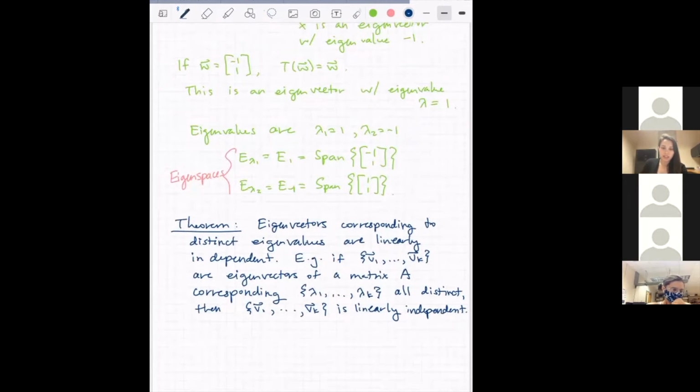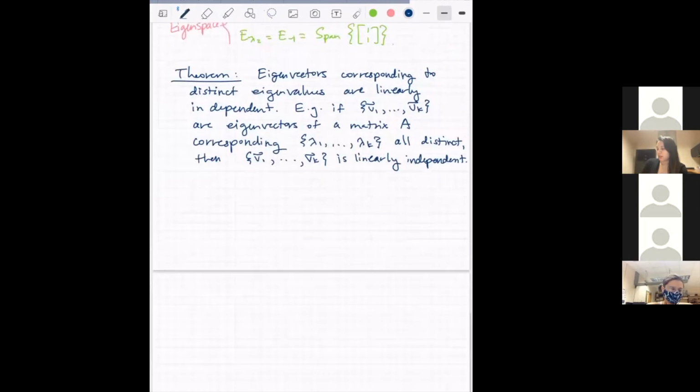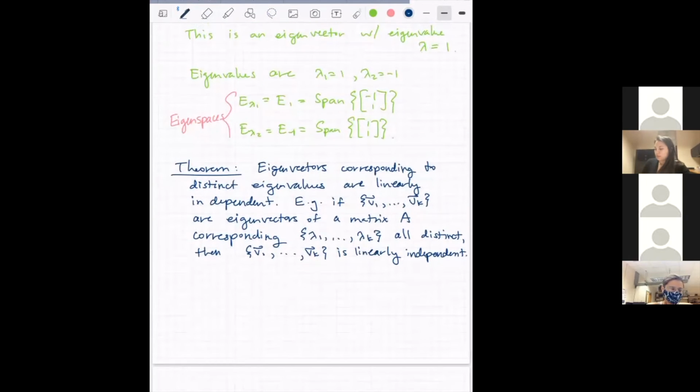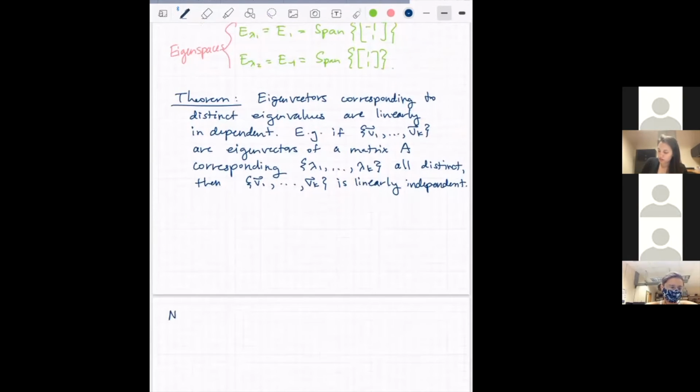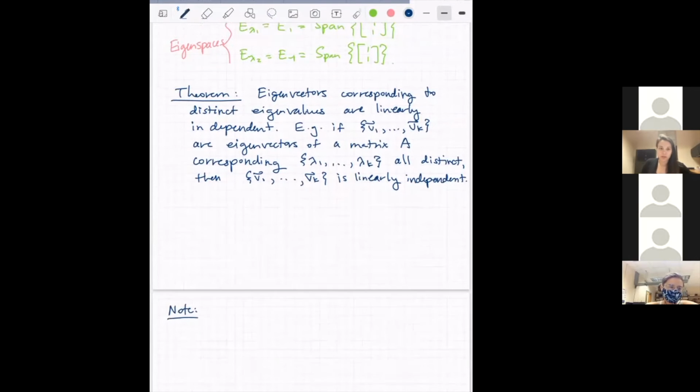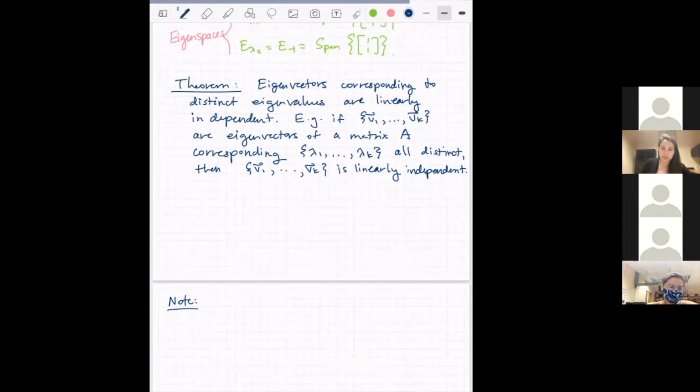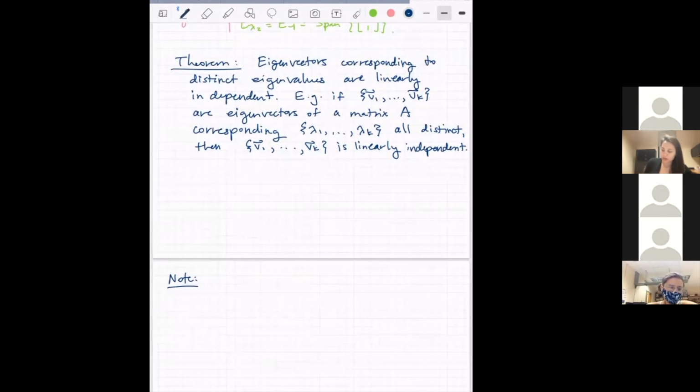Like I said, this is proven in the textbook, but we're going to skip over the proof for this. Okay. So now let's think about what we've gone over and how it relates to what we've been doing in this class, right?